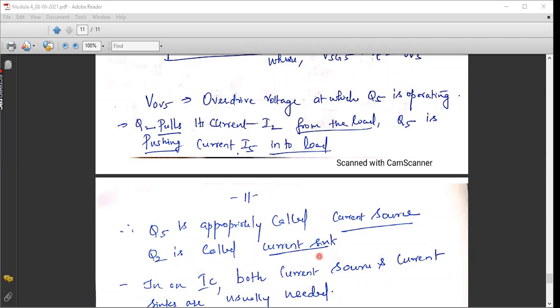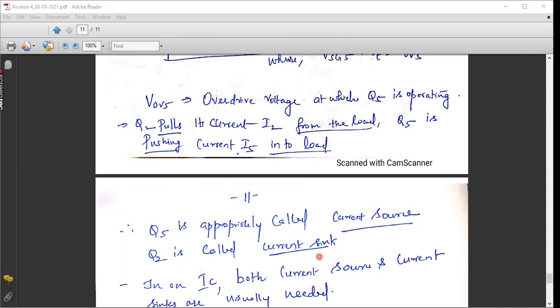Without heat sinks, we won't be able to compensate the problems of heat dissipation, right? So always there should be a sink terminal at which the current has to be sunk, and always there should be a current source from which the current has to be originated. So in an IC, there will be both current sources and current sinks.